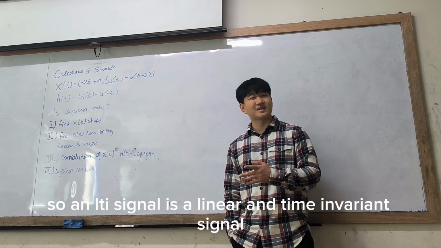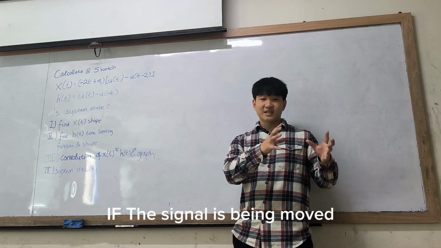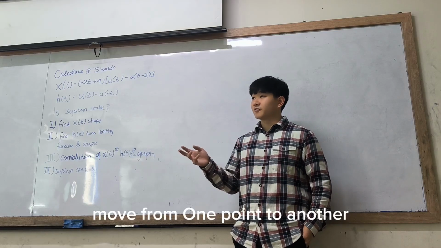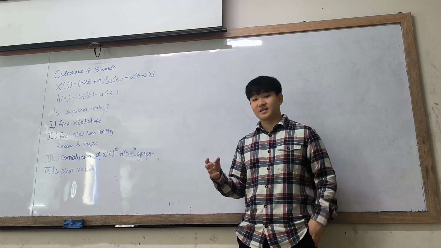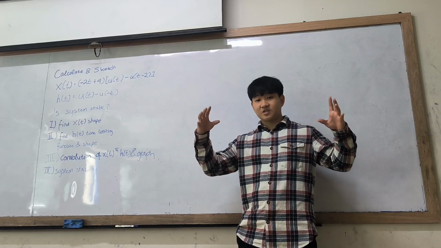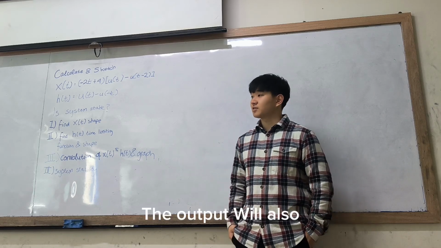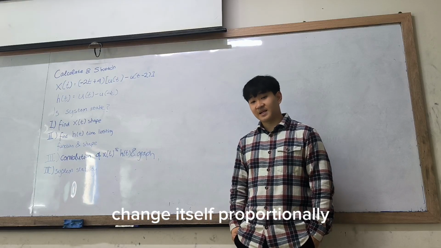An LTI system is linear and time invariant, which means that if the signal is being moved from one point to another, the output will also be moved as well. And if the signal is being enlarged or shrunk, the output will also change its shape proportionately. That is an LTI system.